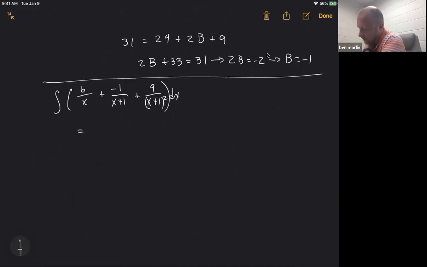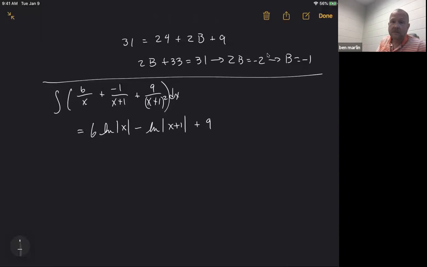Integrating 6 over x, you'll have 6 ln absolute value of x minus the integral of 1 over x plus 1 will be log absolute value of x plus 1, and then plus 9 times. Now, you have to do a u sub for this, but the u is just x plus 1, so the du is dx. And so it's really as though you were integrating 9u to the -2. So you will end up with an x plus 1 to the -1 power, and then you'll have to divide by that -1, so put that out front and have a plus c.